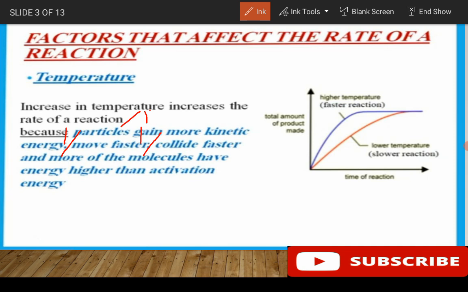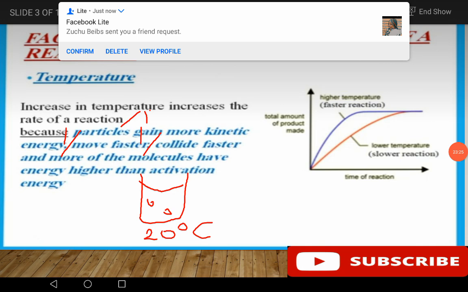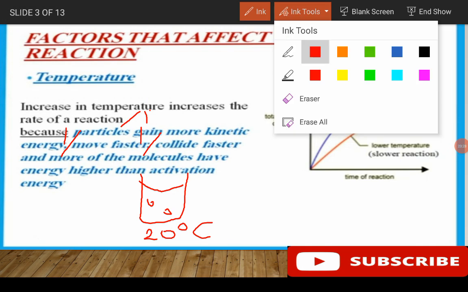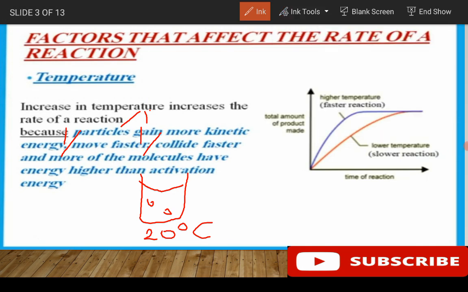So for example here, let's suppose you have particles in a beaker at say 20 degrees Celsius. You have particles in a beaker reacting. Let's say that you have 2 reactants there. At 20 degrees, you can monitor the rate of reaction, the speed of reaction.